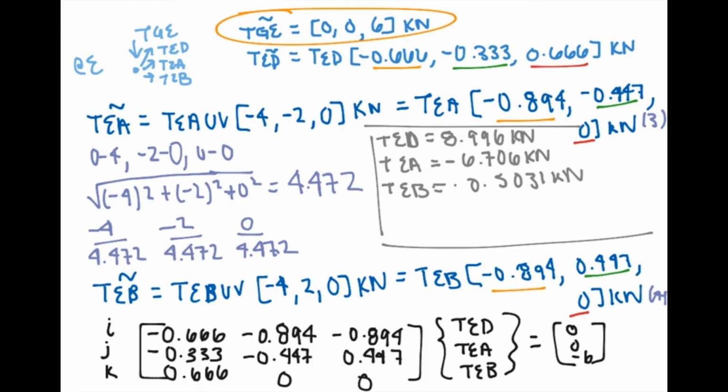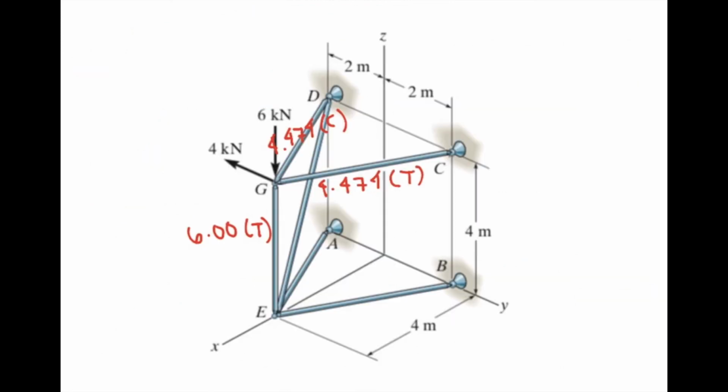Based on the previous section we just did, we can determine that this is going to be tension, this one is going to be compression, and this one is also going to be compression. However, when you rewrite this, you wouldn't need to add compression and negative. You would just put the number as a positive and then compression, which we will see right here.